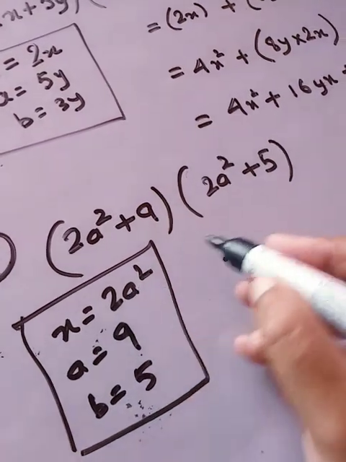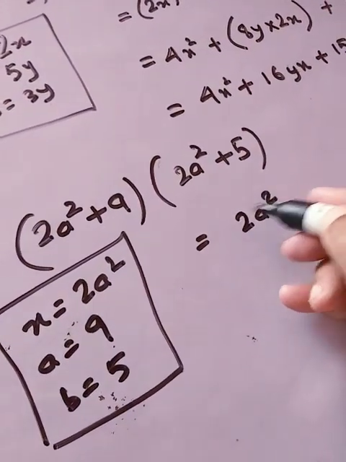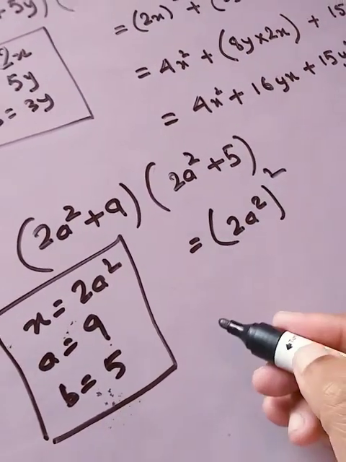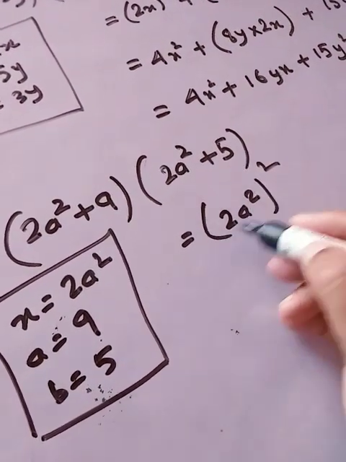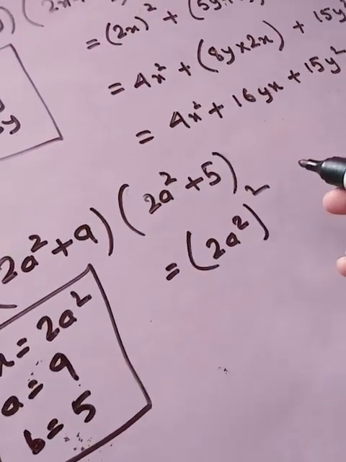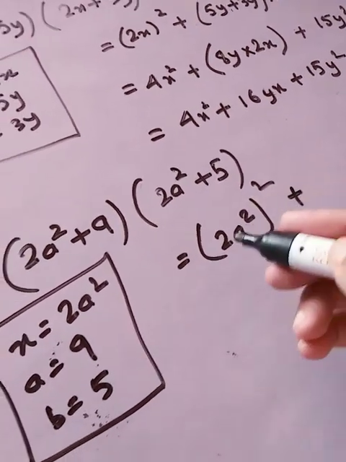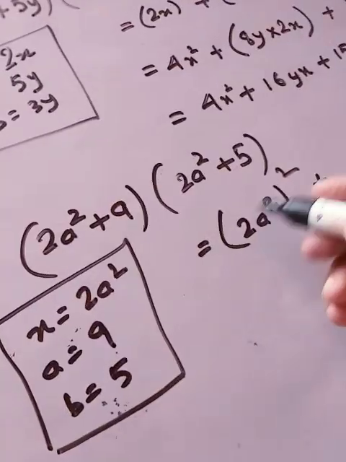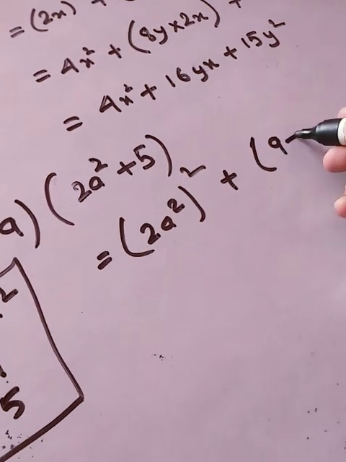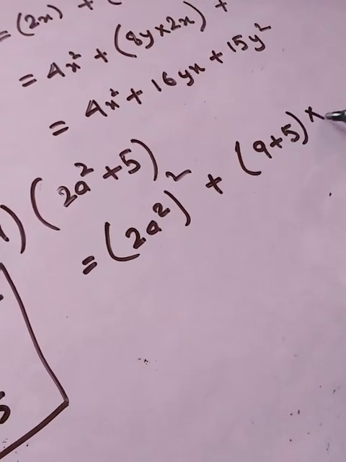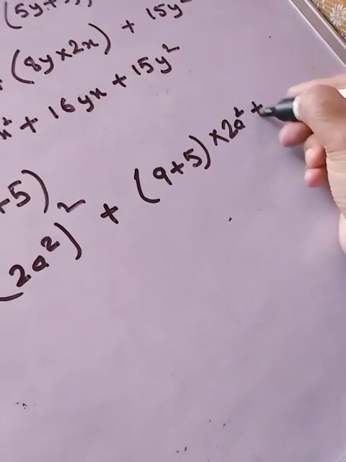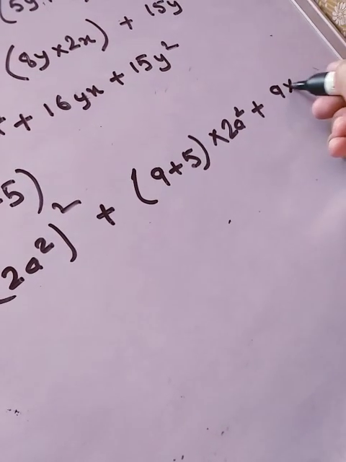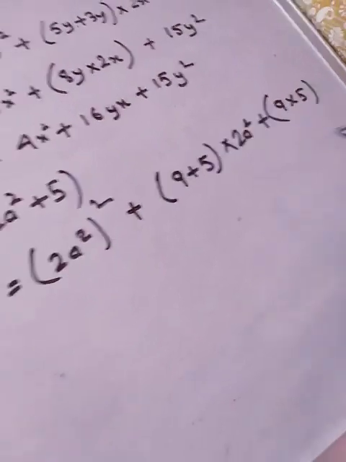So what is x? 2a square, isn't it? x square means 2a square to the power square. Now plus a plus b, according to the formula. So a plus b would be 9 plus 5 into x. x is 2a square, plus a into b. Put it inside the bracket.